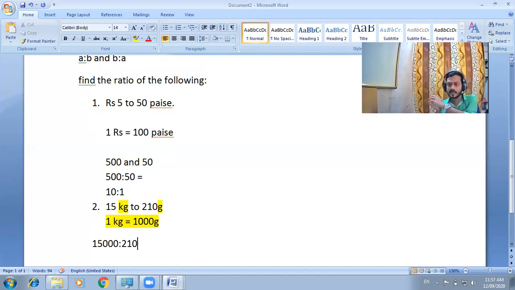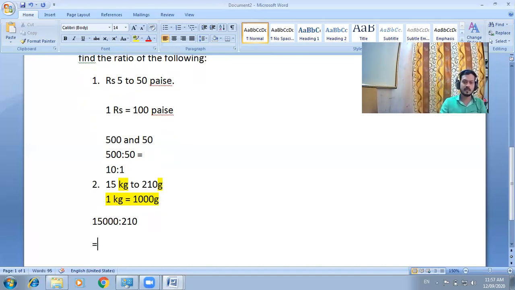Then 0 and 0 cancel. 5 3s are 15. 3 5s are 15, and 3 7s are 21.